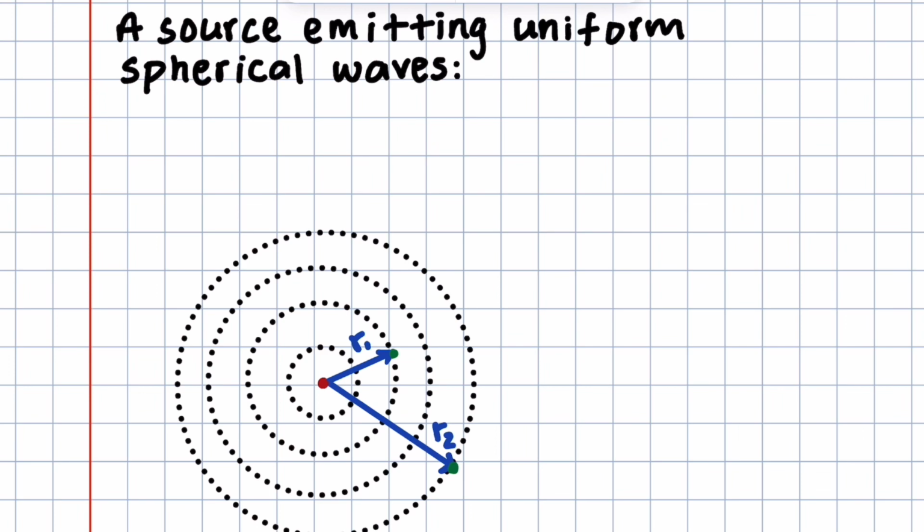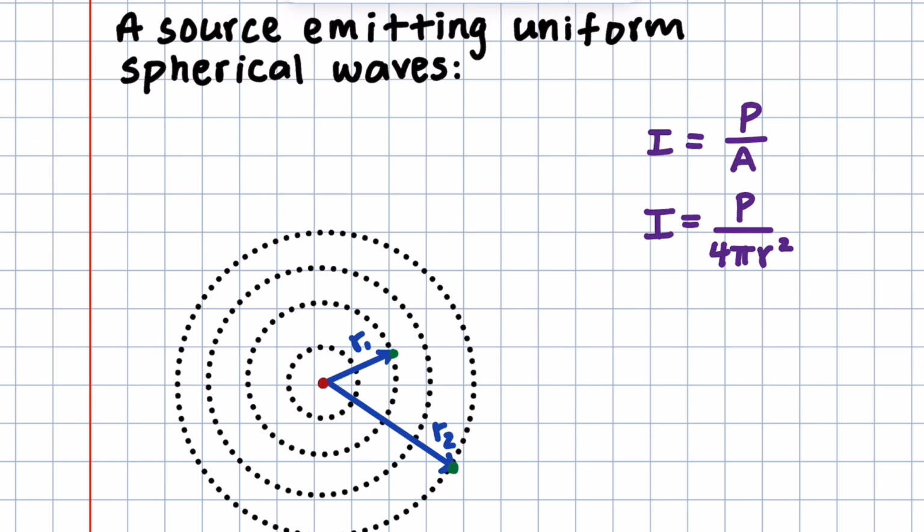Because these are spherical waves, he had that the intensity was equal to the power of the source divided by the area, and the area is the surface area of a sphere, which is 4 pi r squared.